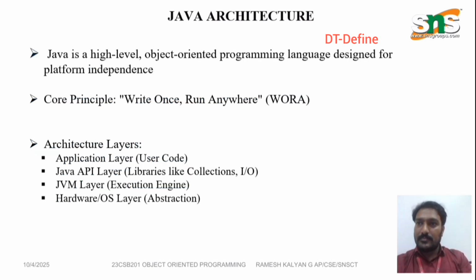Java works on a principle called WORA, which is abbreviated as write once and run anywhere. This means, as we saw previously, Java is open source and platform independent, so that it can be installed in any system irrespective of the operating system, either Windows or any other one.